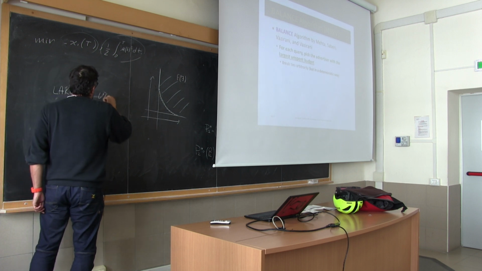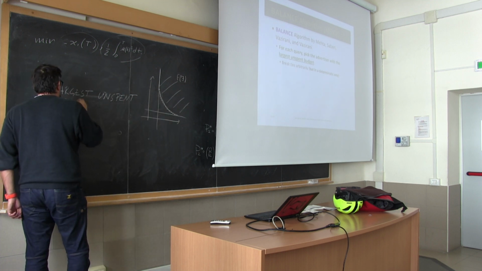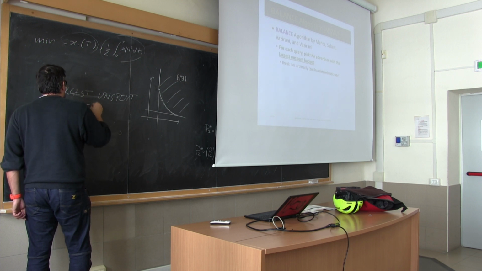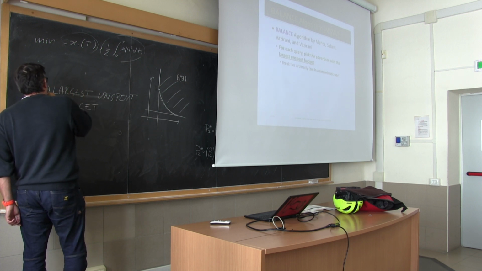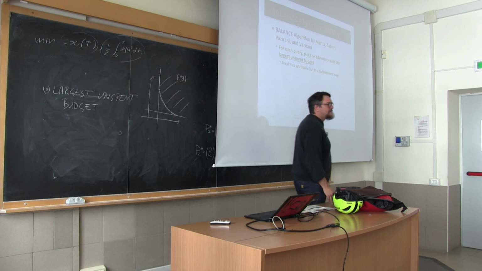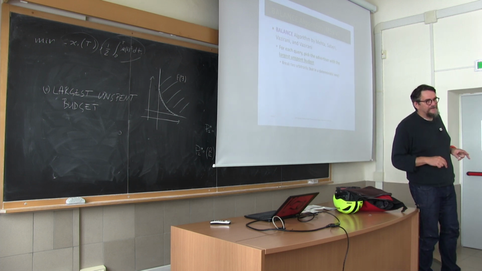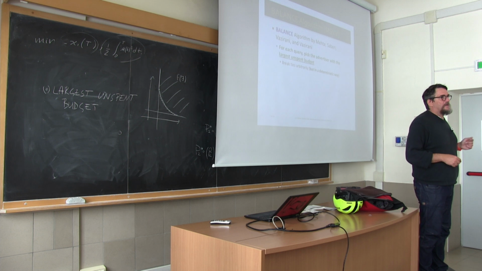Largest unspent budget. The idea is that through this policy I can balance the load in terms of queries associated to each advertiser according to the remaining budget that is consumed over time.